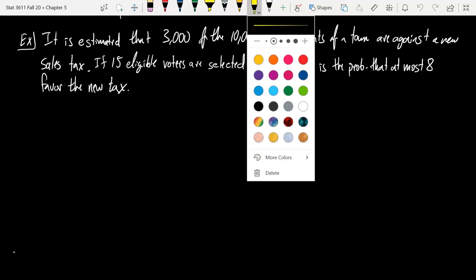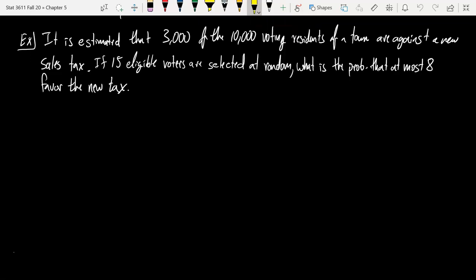Now, naturally, this should be a hypergeometric distribution question, okay? Because what are we looking at here? 3,000 residents are against. So of the 10,000, there are 3,000 that are against. Then that would mean if there's 10,000 residents, 7,000 are in favor. Right?